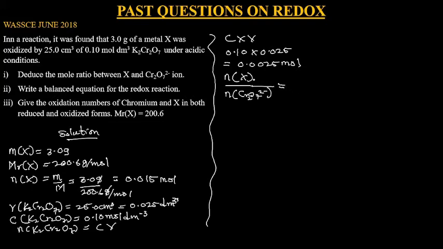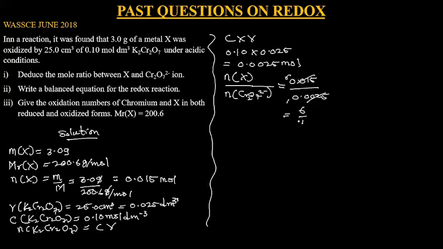For the mole of X, we found it to be 0.015, and that of chromate is 0.0025 moles. Now, when we divide through the two, this one can go into itself 1, and it will go into this 6 times. So this simply means that the mole ratio between the two is 6 is to 1.